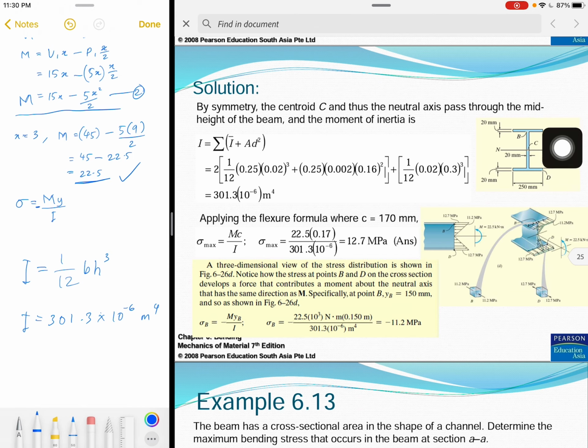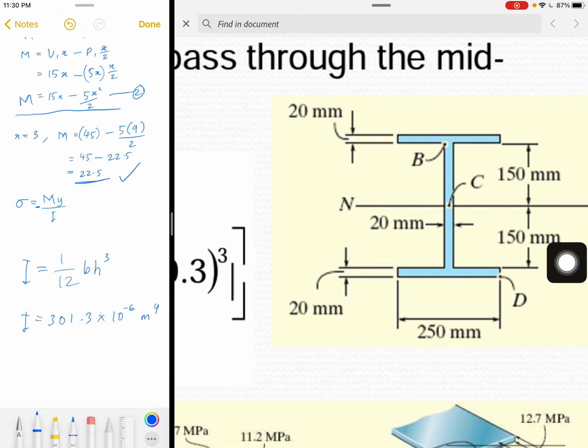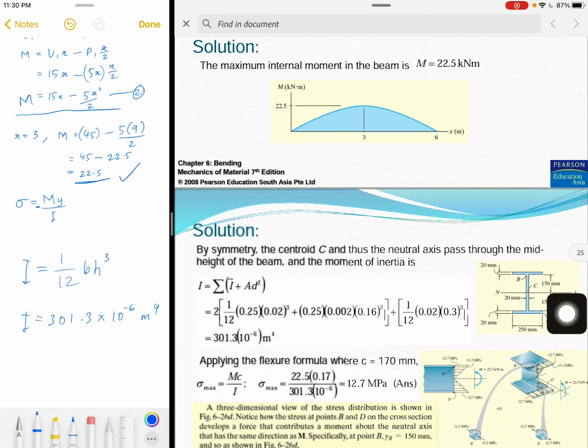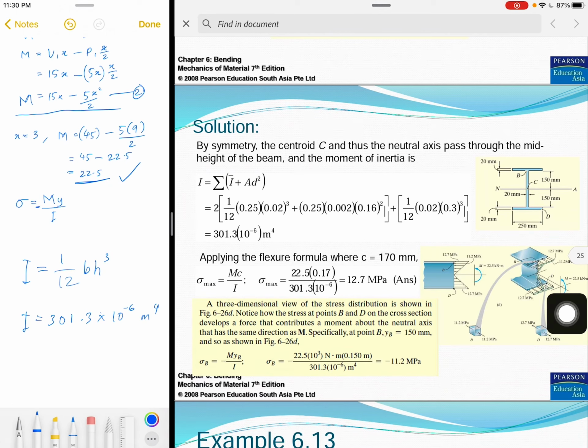So the farthest location of the cross section from the neutral axis is 170, because 150 plus 20 is equal to 170. So C in this formula is the location for maximum stress.